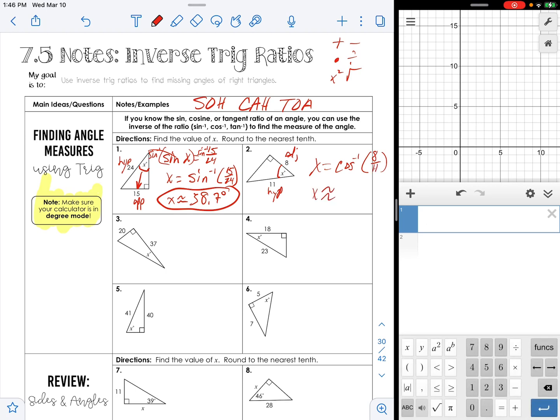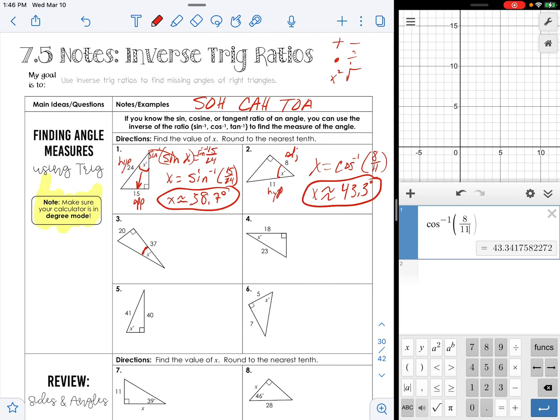And then I just type it in the calculator. So I'm going to do cosine inverse of 8 divided by 11, and we get 43.3 degrees. Okay, you stick that trigonometric ratio into that arc cosine, or that inverse cosine, and it will give you your answer.